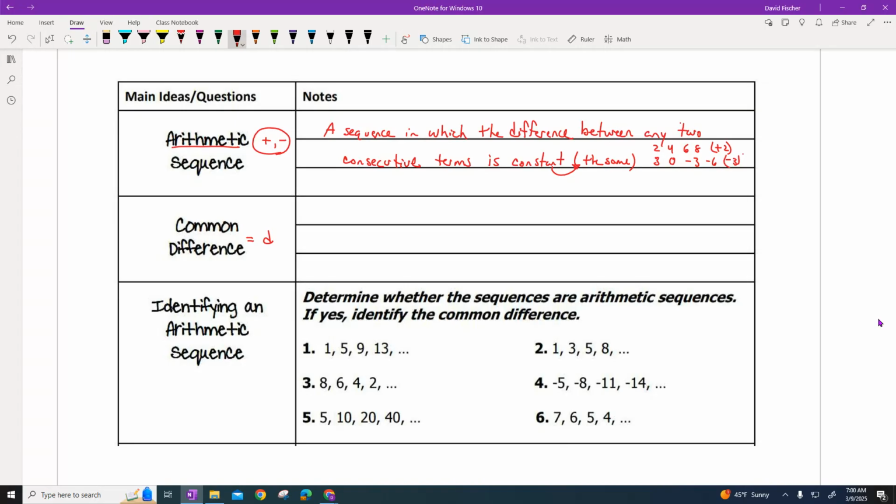So d is the numerical difference between two consecutive terms.